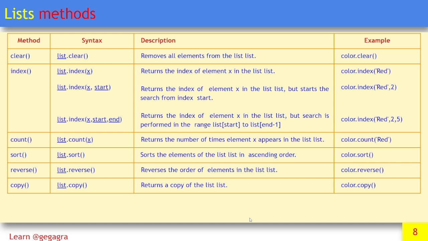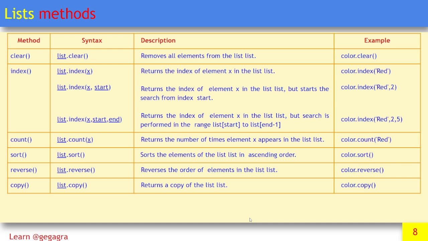So it returns the index of element x in the list, but the search is performed in the range of start index to index n minus 1. So if I apply color.index(red, 2, 5), the search will be performed from index number 2 and checked till index 4, meaning 5 minus 1.